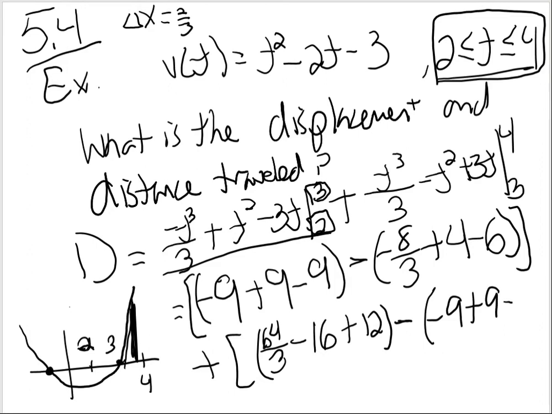Negative 9 plus 9 minus 9. And you're going to get some value, some number. Or sorry, that will be the opposite of what we had before.